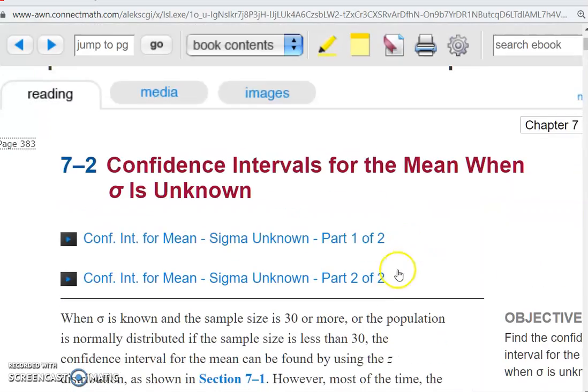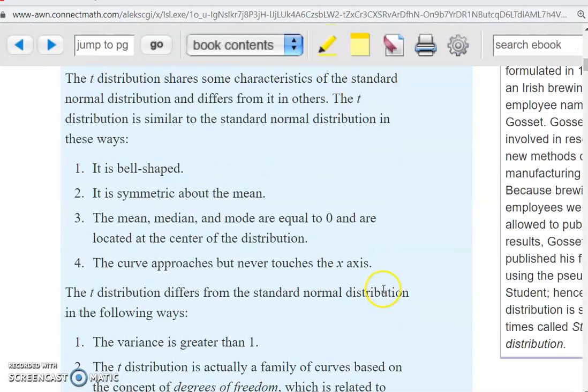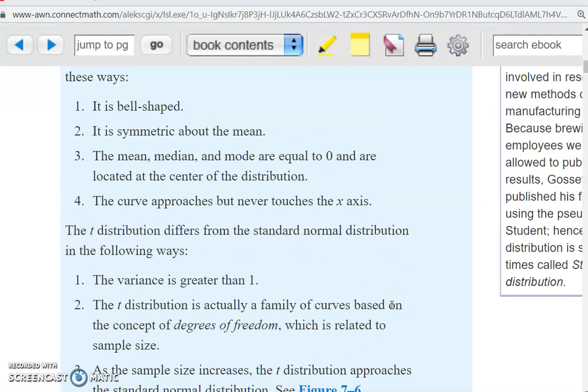Back to the book here. The concept is very similar to what we've already done, except we have a different formula, of course. And the key distinction is that we use the t distribution for our coefficients rather than the z values for our distribution.